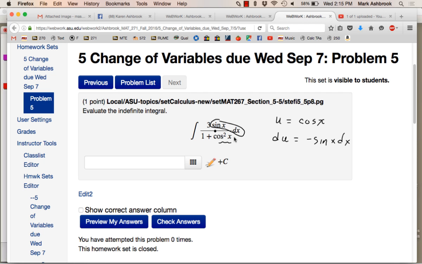And that's essentially right there. So what I've circled now is the opposite of du. And then my denominator will be 1 plus u squared. So I'm looking for things like that. I'm looking for what value of u is going to make this really simple. So then I get negative 3 over 1 plus u squared du.